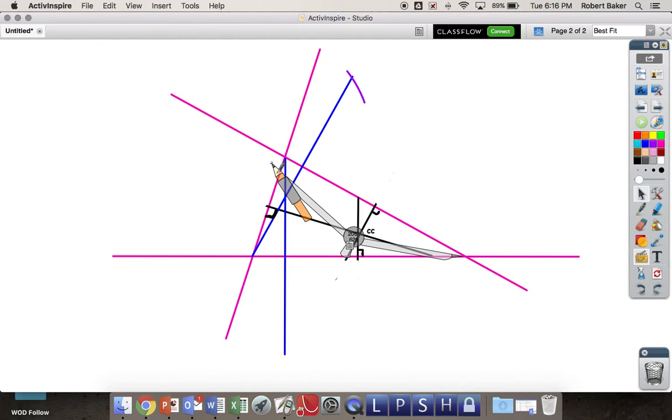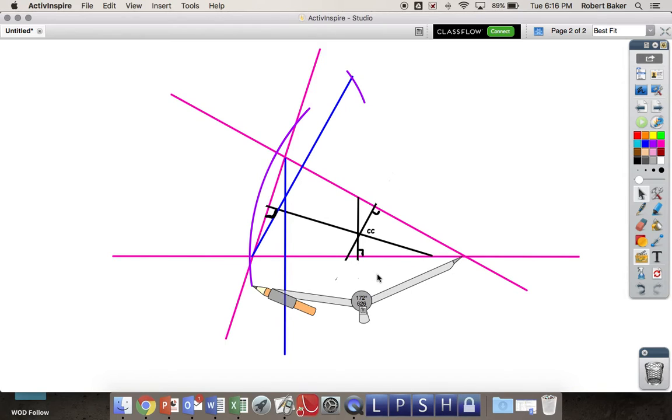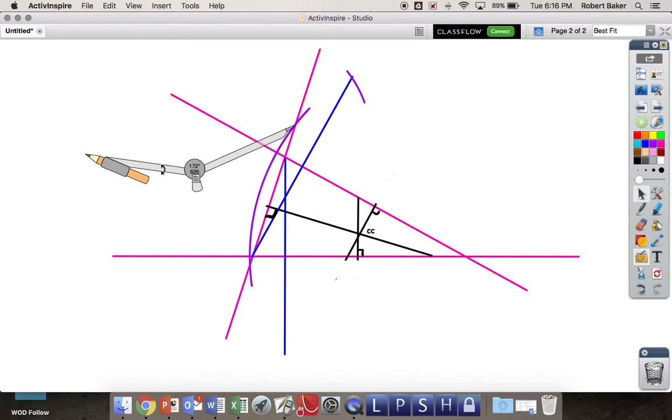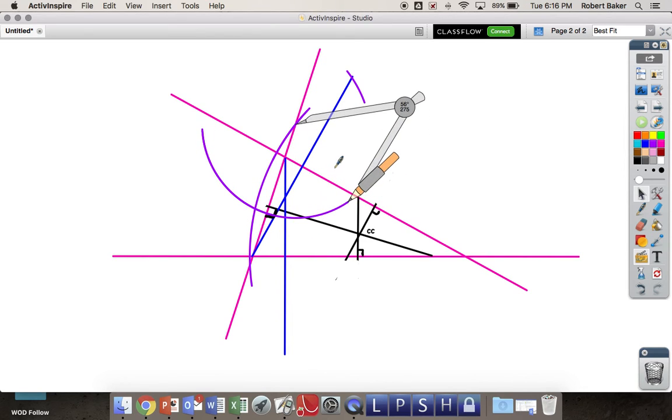I'm going to swing an arc to the left and swing an arc to the right, which creates my 2 working points. So I need to go to the first working point. I need to extend my compass so that it's somewhere halfway across the line. I think right here looks good. I'm going to go an arc down and an arc up.